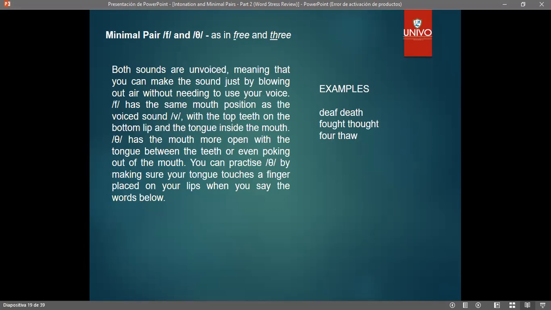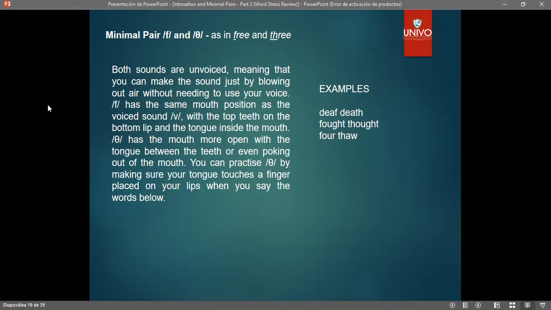Well, this one, right? Remember that you were like studying this symbol, right? And you discover that it can be pronounced like the, right? And here you find some example. Deaf and death, thought and doubt, and for and thou. And here you find this concept.